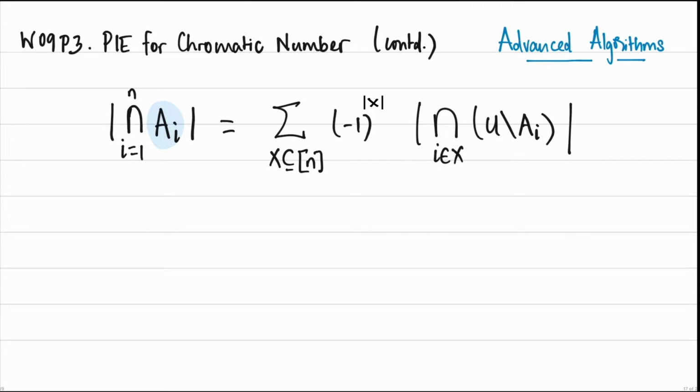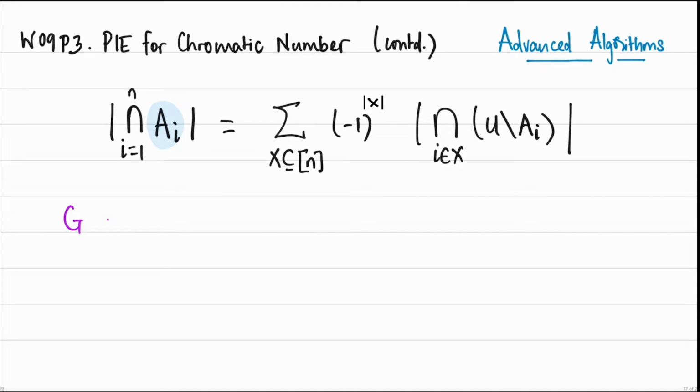number? Well, just like for DP, it was useful to think of chromatic number as a partition problem. It turns out that when we are doing inclusion-exclusion, it's very useful to think of chromatic number as a problem about covering the vertex set with independent sets. So let me make this claim explicit, and we'll have a chance to go over it.